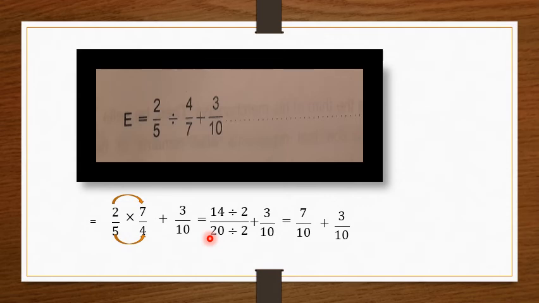It's okay, you can do like this and you will get finally the same answer. Here we have the same denominator, which is 10. So 7 plus 3 is 10, and write the denominator as it is. 10 over 10 is 1. That's the solution of this part.